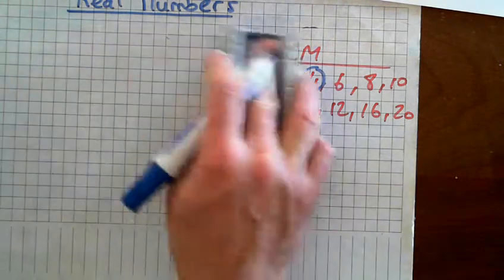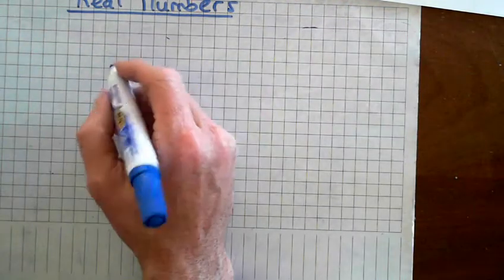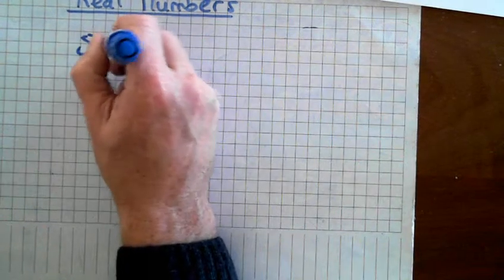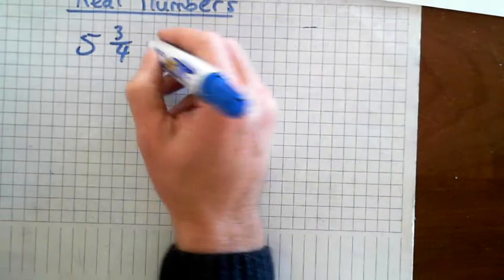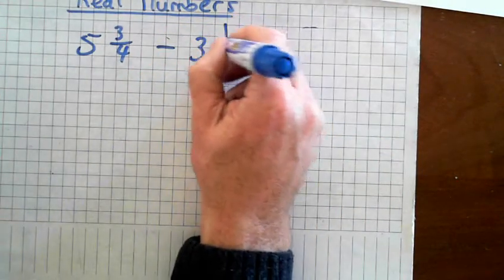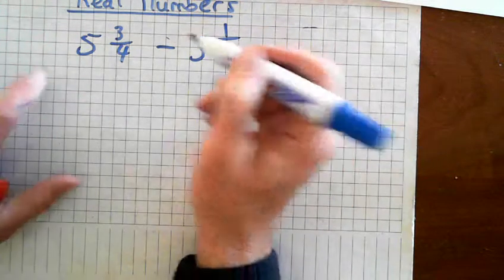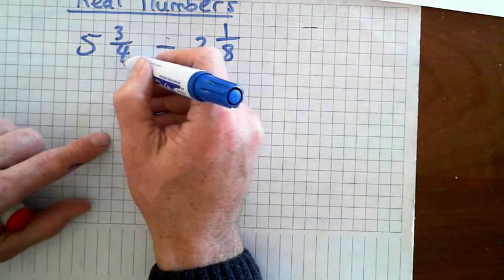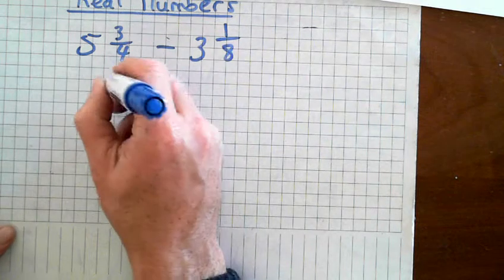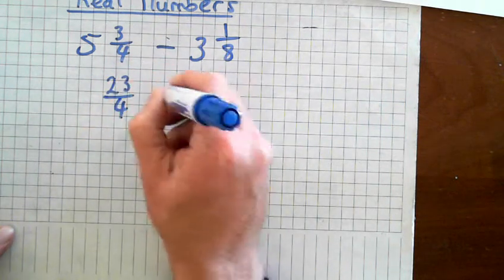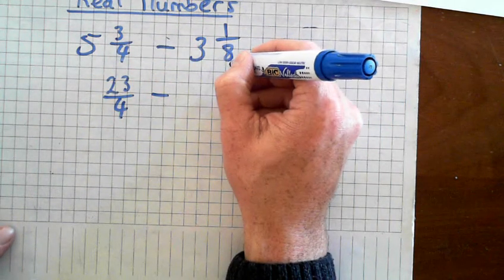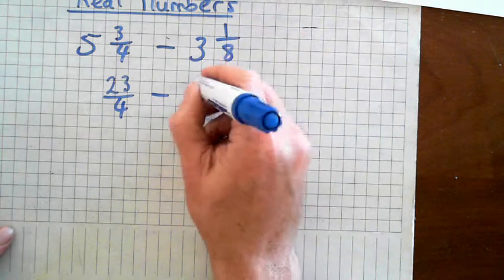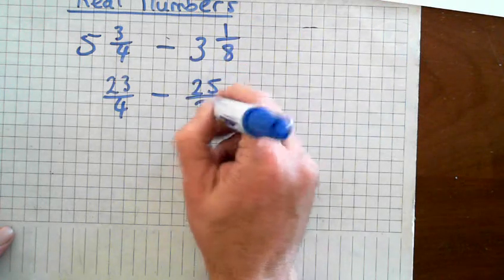Let's do a subtraction sum. 5 3/4 minus 3 1/8. Alright, so you multiply 5 times 4 is 20 plus 3, 23 over 4. 3 times 8 is 24 plus 1, 25 over 8.